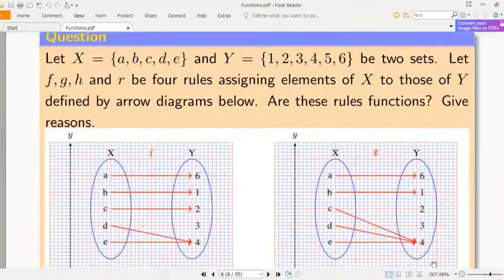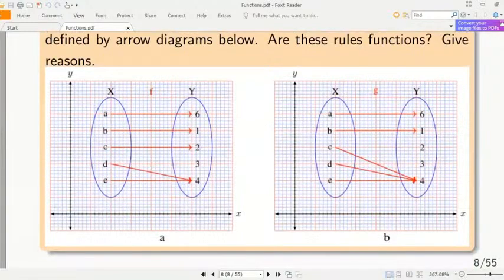So function f is here, function g is here. You tell whether f is a rule, whether g is a rule, by looking at how the elements of x have been assigned to those of y, and then tell whether f is a function and whether g is a function.